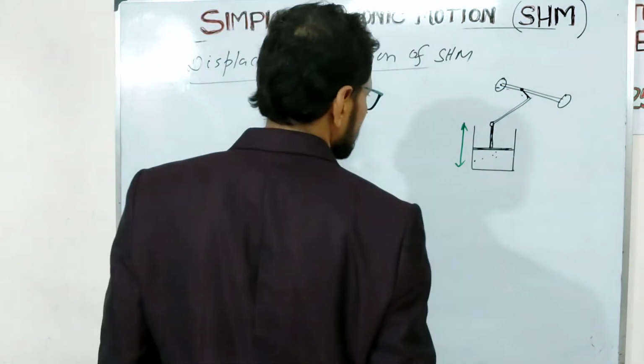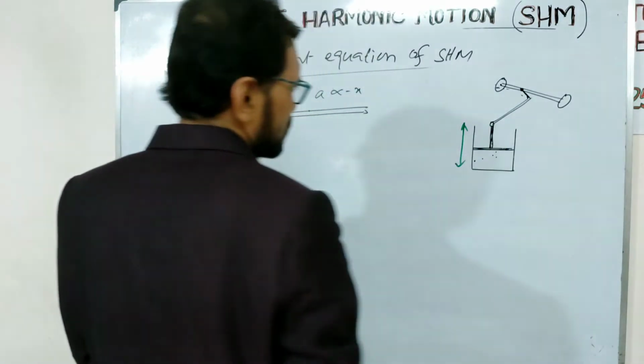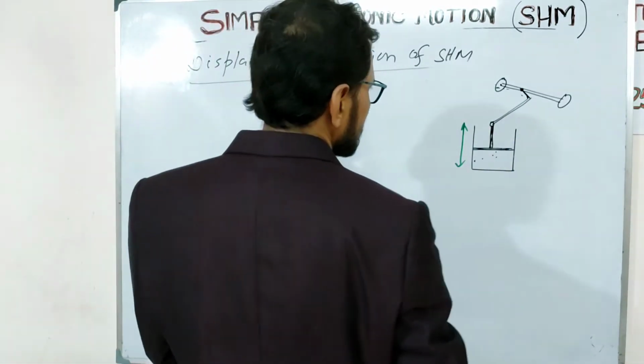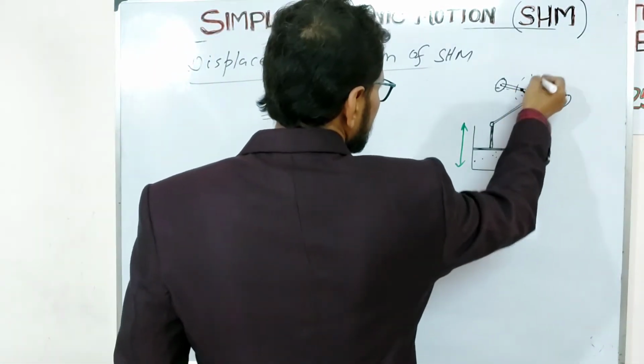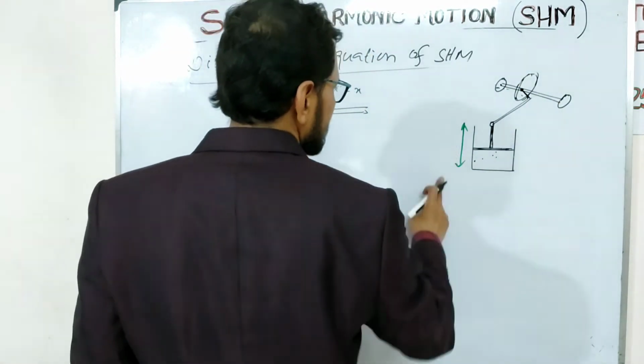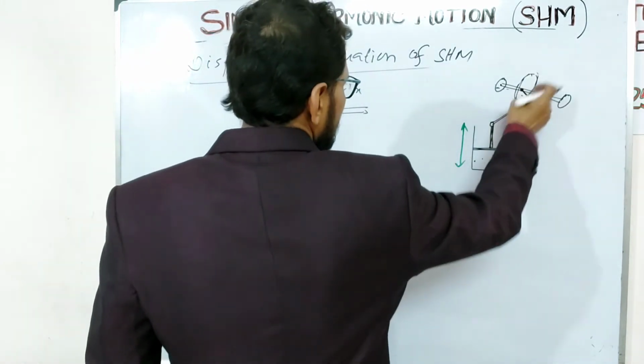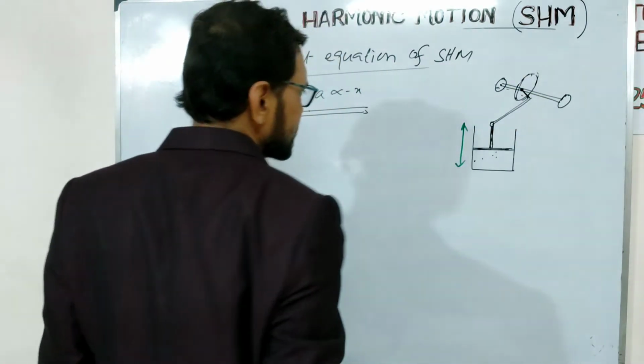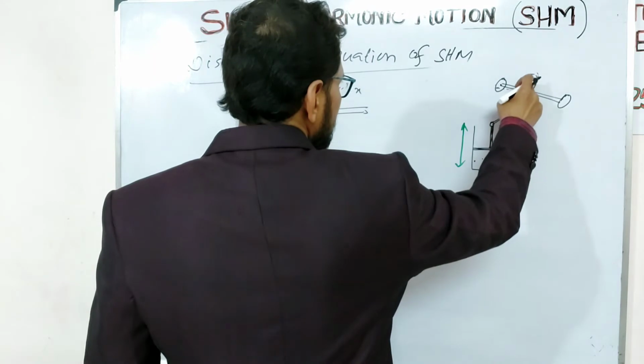By this type of arrangement, the piston moves up and down, but the wheel of the car rotates in a circular way. If this motion accelerates, then this motion also will be accelerated. If the motion stops, this will be stopped.